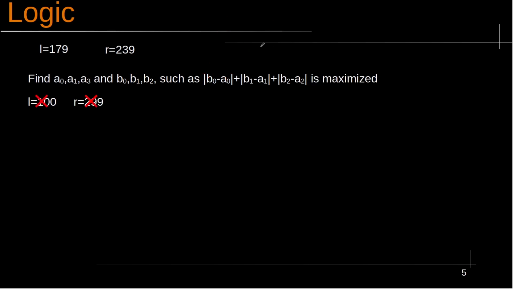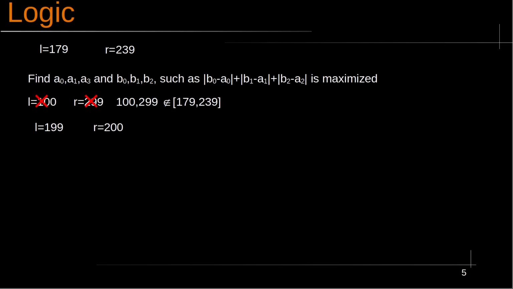But as you see here, we cannot take this because these two numbers are out of range. So we can choose another approach. For example, L is equal to 199 and R is equal to 200.